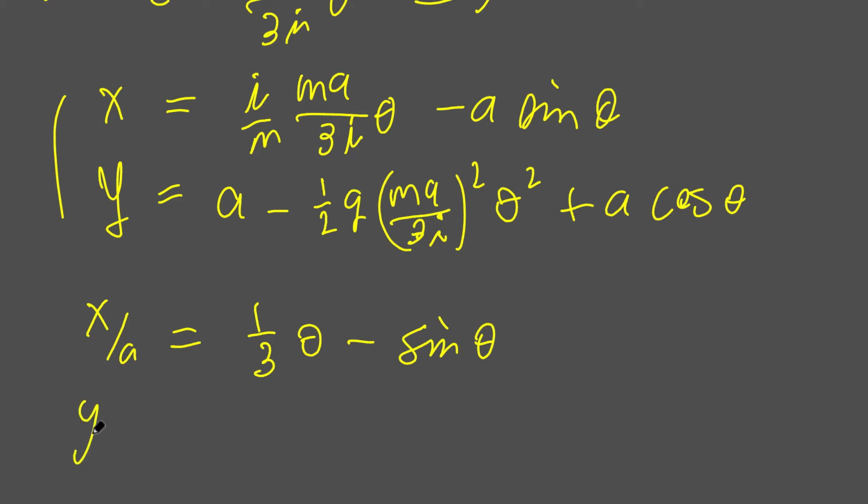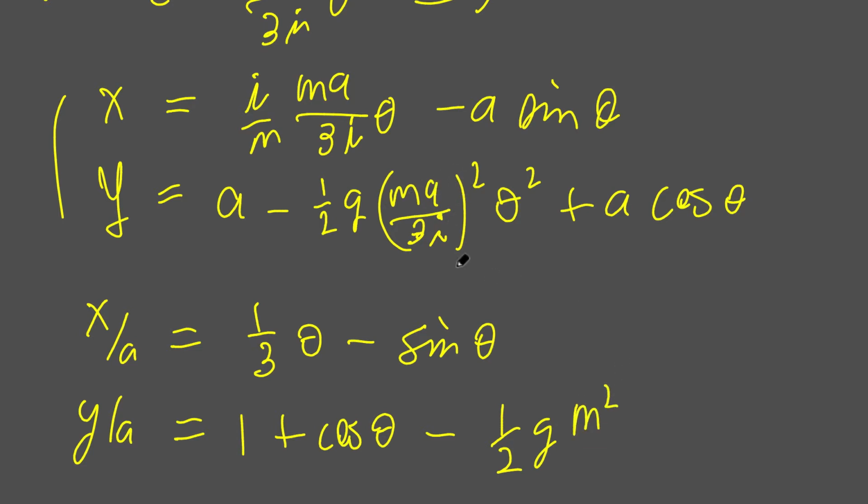And for y, dividing by a, this is 1 plus cosine of theta minus 1/2 g times m squared. There's an a squared, but I've divided through by a, so there's just a single factor of a. And in the denominator we'll have the square of 3I, that will be 9I squared, all times theta squared.